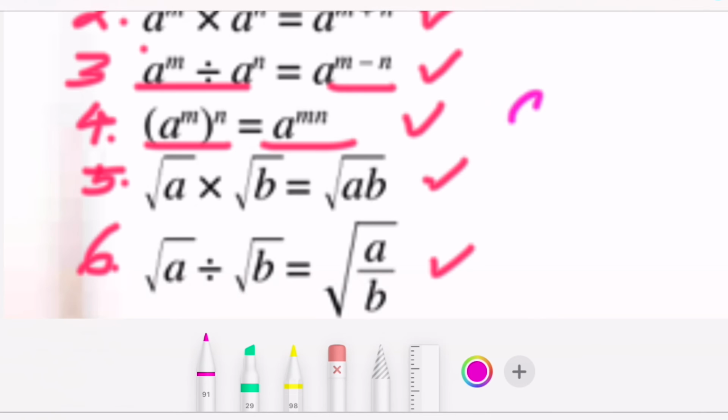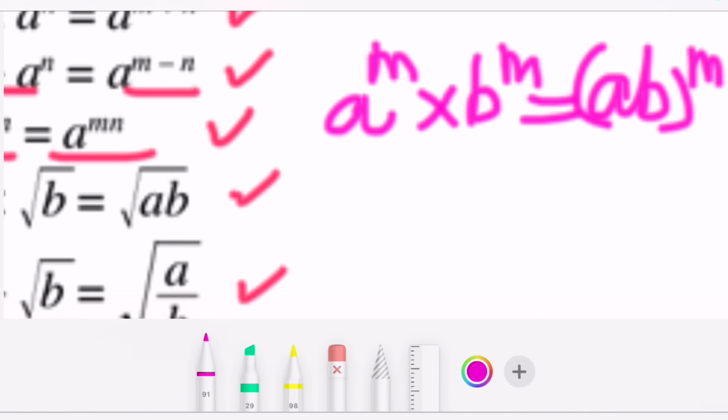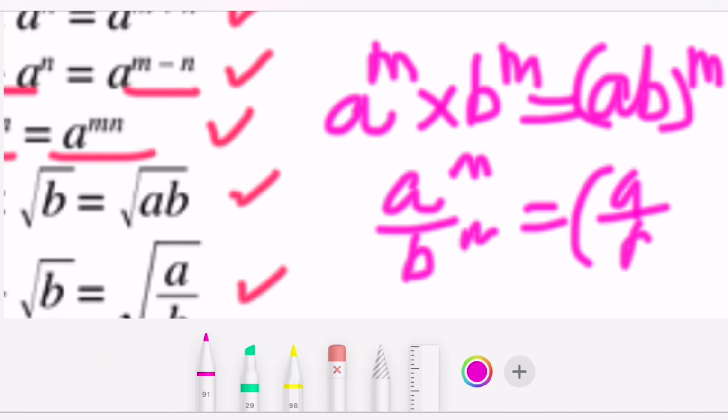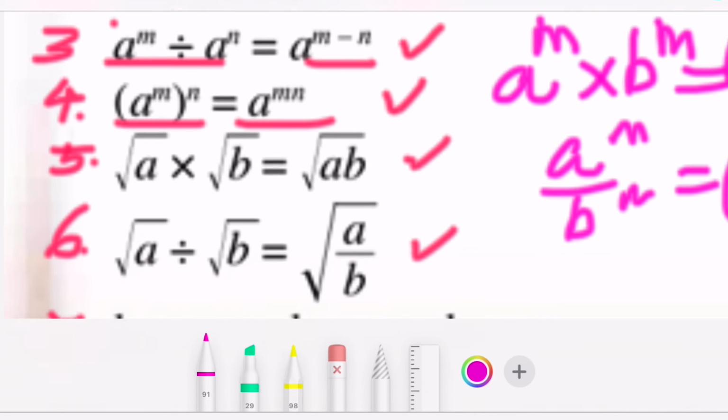In fact, we will have one more: a^m times b^m is equal to (ab)^m. If divided, a^m over b^m, we can write as (a/b)^m. This is also a formula that you must know.